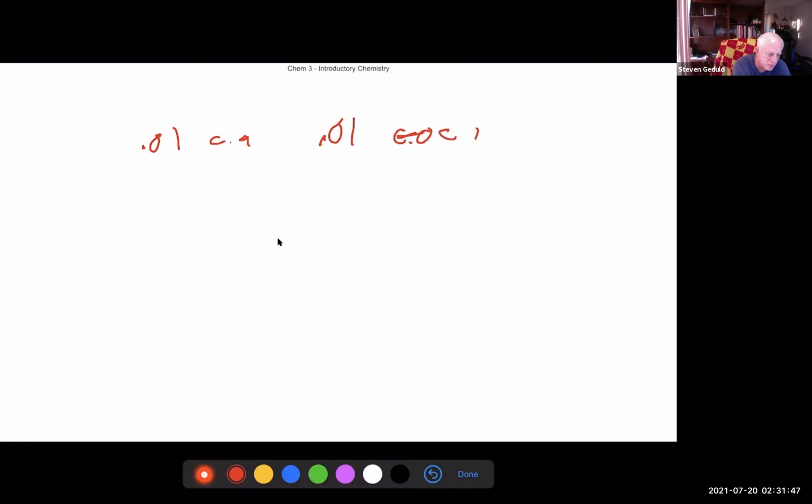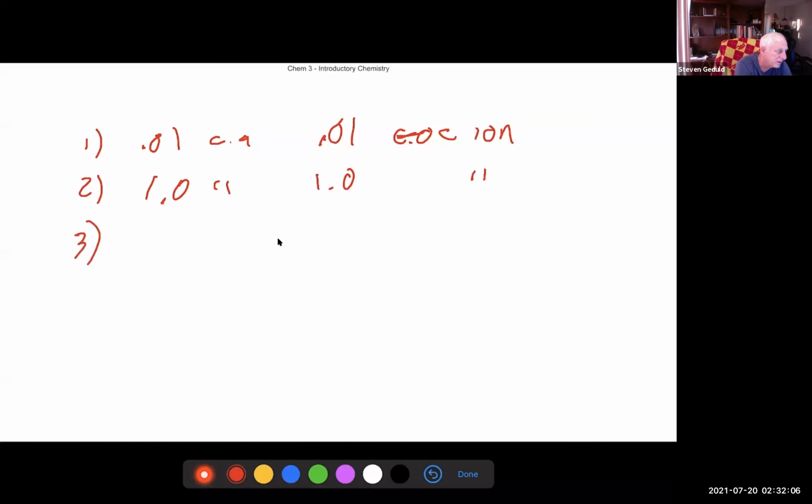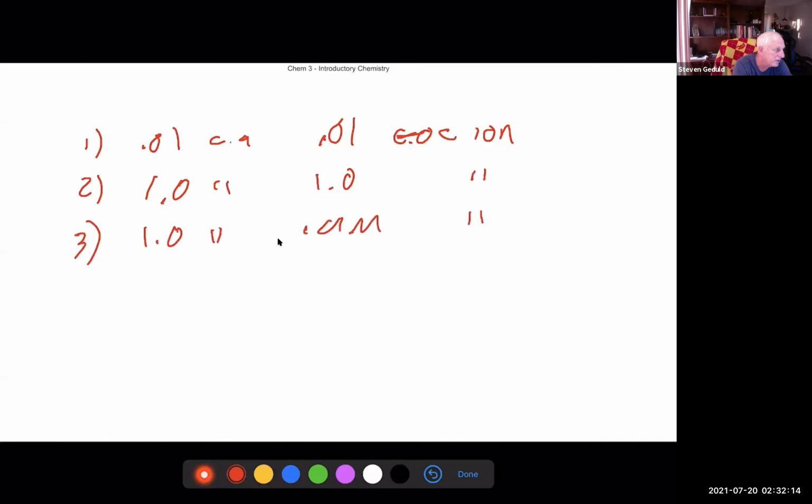I just put C for the citrate ion. So there's the acid and there's the ion in the reaction. Option 2 would be 1 molar citric acid and 1 molar ion. Option 3: 1 molar of the acid and 0.01 molar of the ion. Or 0.01 molar of the acid and 1.0 molar of the ion.